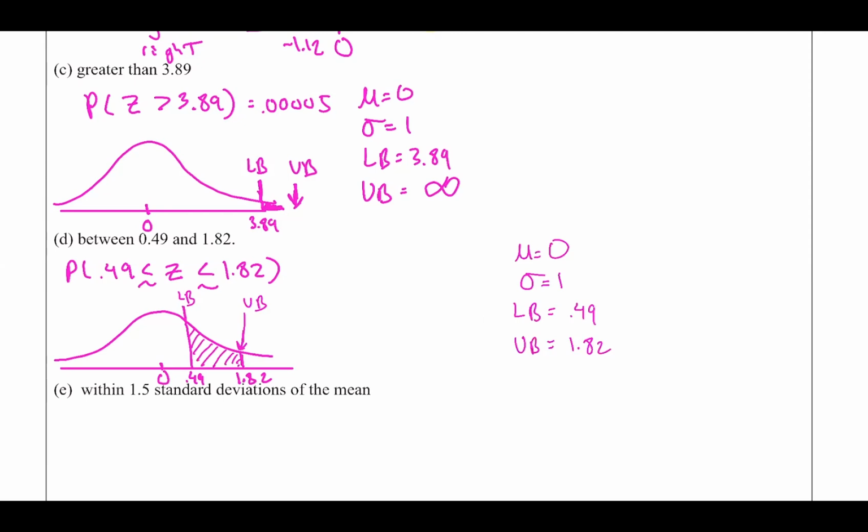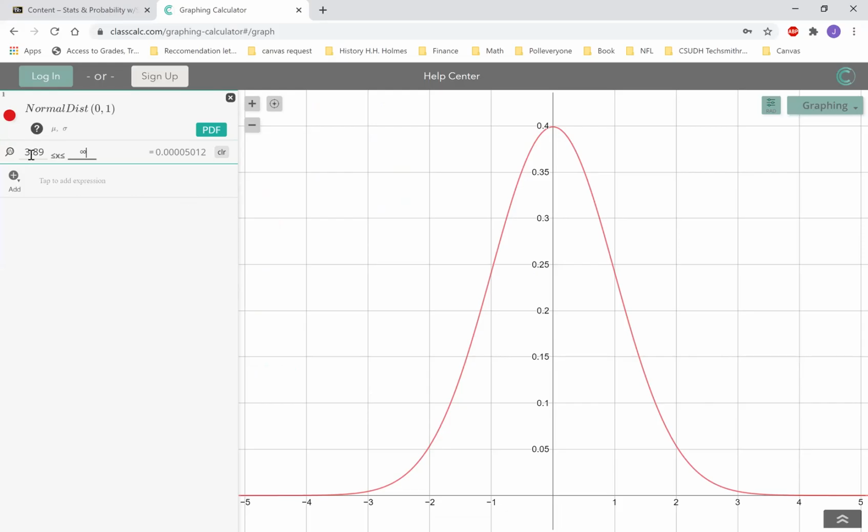Up next, I'm going to go back to class cal and change my lower bound and upper bound. For my lower bound, we do 0.49. For my upper bound, we get 1.82.